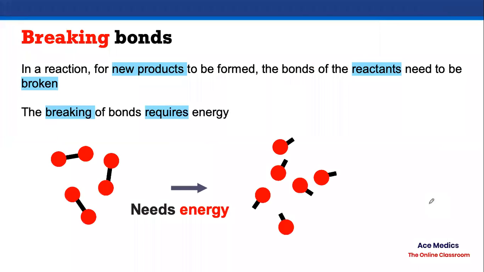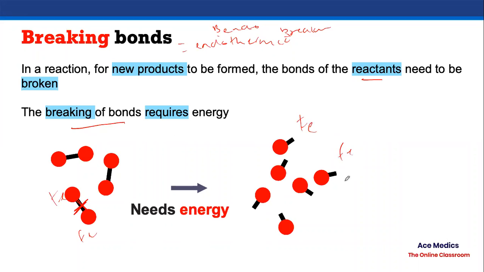so let's look at that in more detail here. So when you're breaking bonds, or in an endothermic reaction, because we said endo sounds like bendo, they both have B in it. So in a reaction, for new products to be formed, the bonds of the reactants need to be broken, like we just said, and that breaking of the bonds requires energy. So we think this is a stick, or maybe this is iron, in our case of iron sulfide. Forming iron sulfide, you break these bonds between the iron, and you just now have individual atoms of iron, okay?